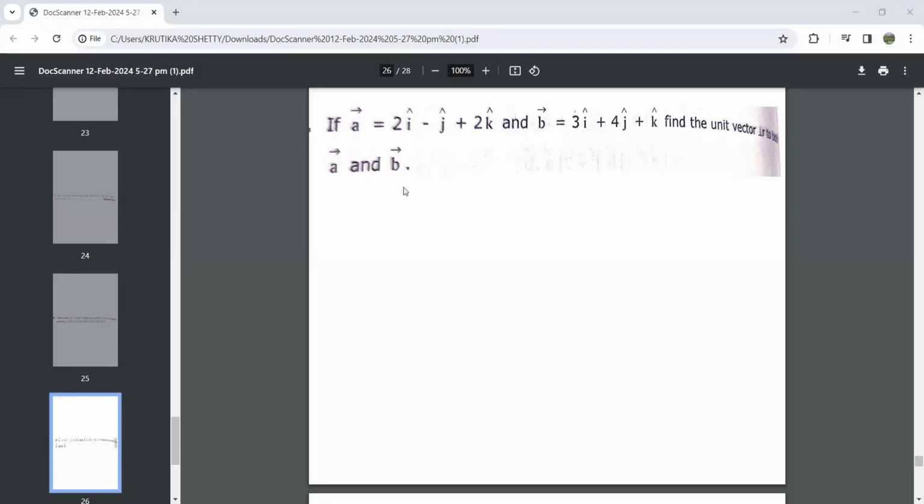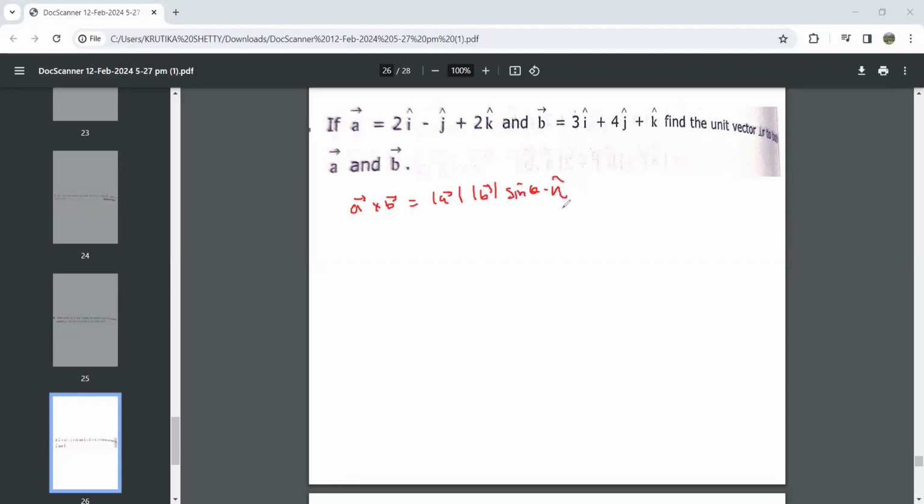Whenever such questions on perpendicular vectors occur, we always need to use the cross product of two vectors. You may have come across the formula: vector A cross vector B is equal to mod A mod B sine theta into n cap.